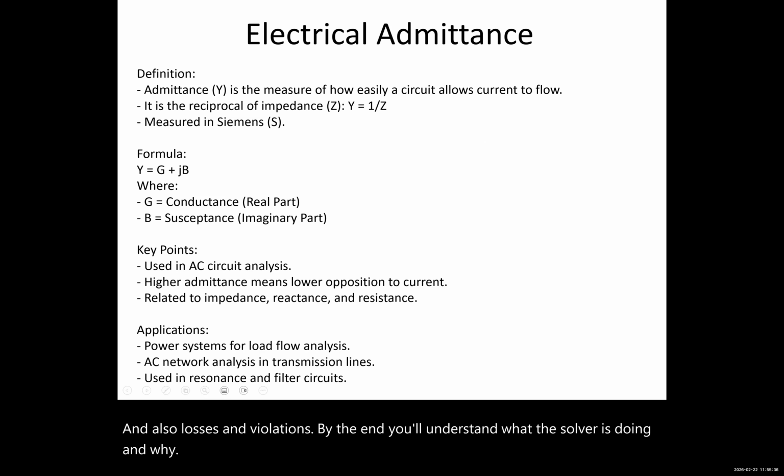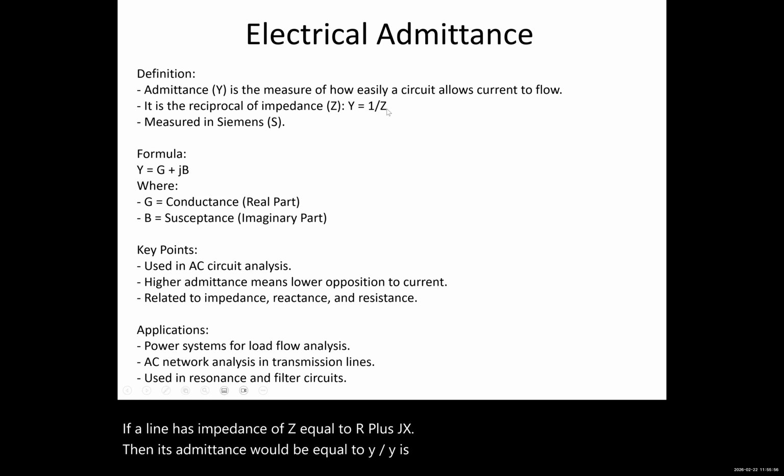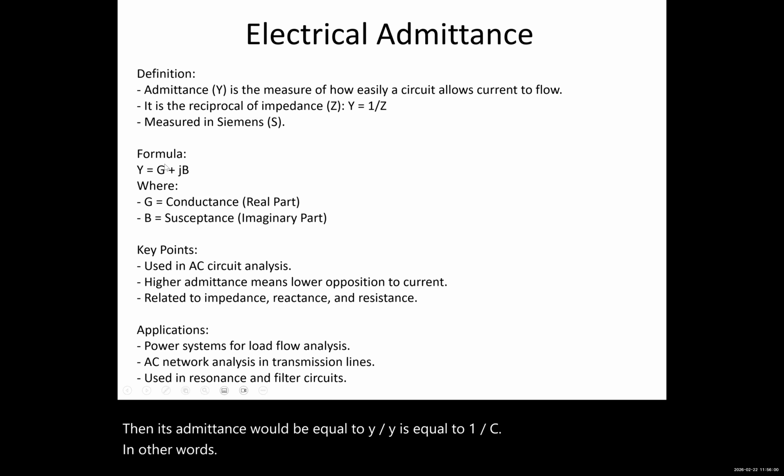Now, everything starts with admittance. If a line has impedance of Z equal to R plus jX, then its admittance would be Y equal to 1 over Z. In other words, we can write it as Y equal to G plus jB.